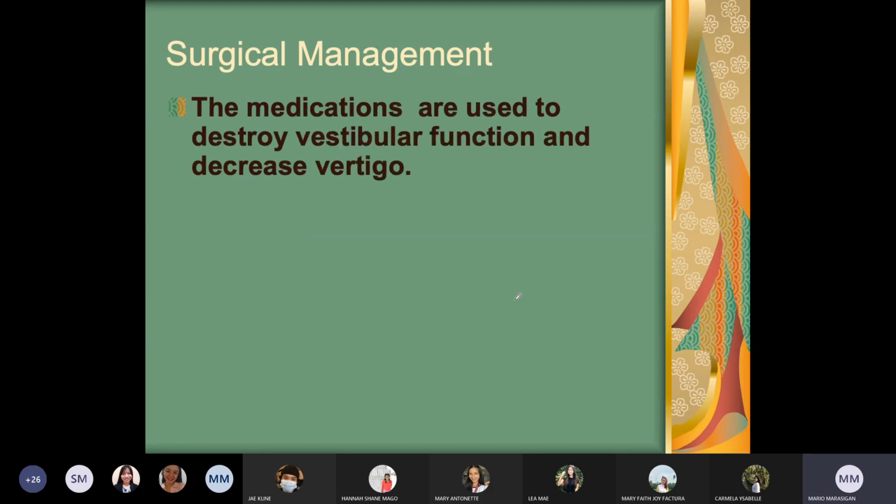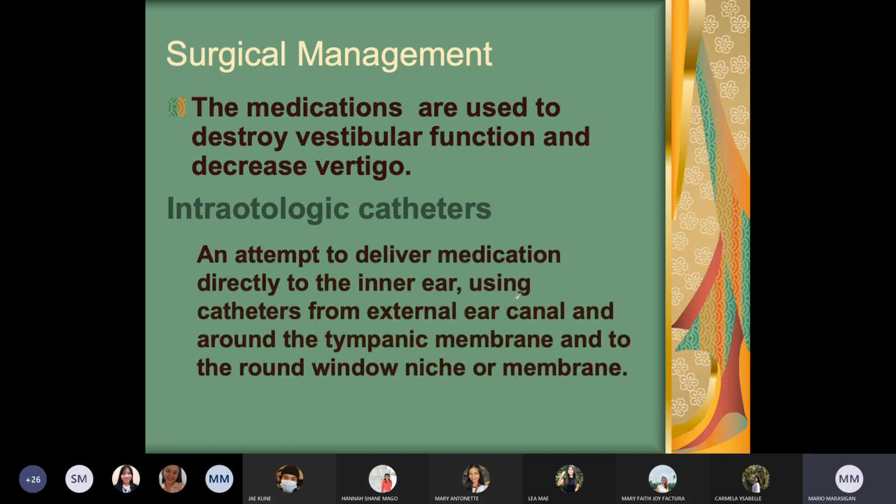So the medications which is used to destroy vestibular functions and decrease vertigo, one of which is your intraotologic catheterizations, an attempt to deliver medicine directly to the inner ear using catheter from the external ear canal around the tympanic membrane and to the round window or membrane.